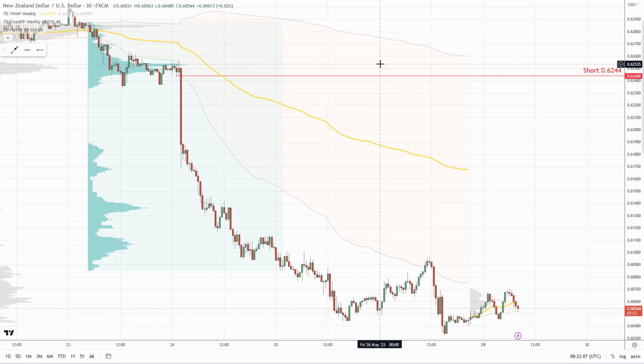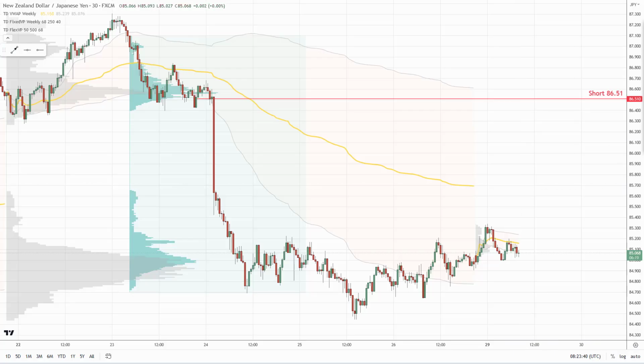A very similar scenario also formed on another New Zealand dollar pair, which was the New Zealand dollar Japanese yen. So this is the New Zealand dollar Japanese yen. Again, we are looking at the 30-minute time frame, and again the setup is very similar. There was a rotation with heavy volumes accumulated within the rotation, and from there a very strong and aggressive trend.